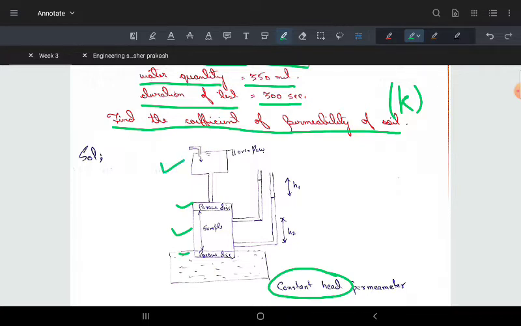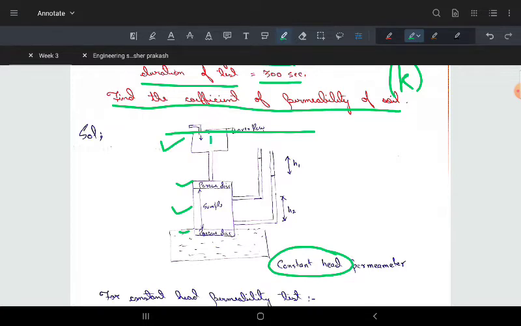So here the head remains constant. The water moves down through the sample, and this water is collected here. The quantity of water collected divided by the time gives the discharge. From the discharge we can find the coefficient of permeability using Darcy's equation.